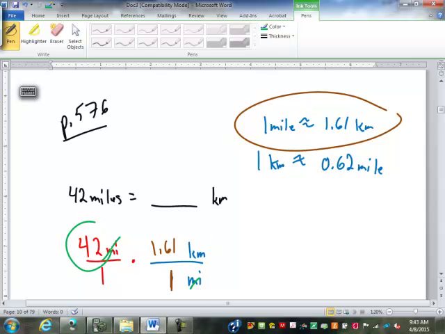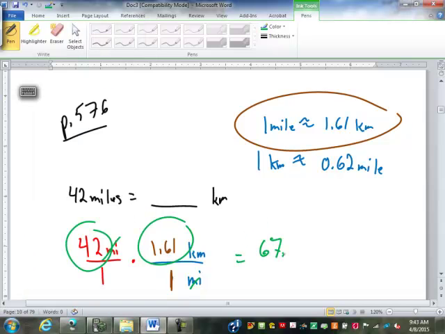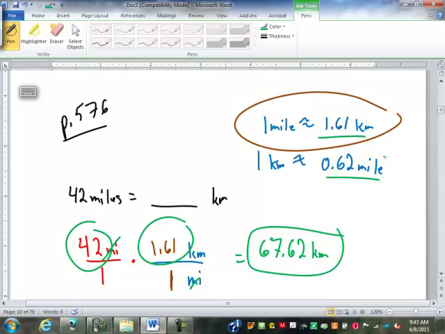All you have to do is multiply the 42 by 1.61, giving you 67.62 kilometers. Does that make sense? If you did it the other way, you'd get a very similar answer, but both of these conversions are rounded, so it would come out just slightly different.